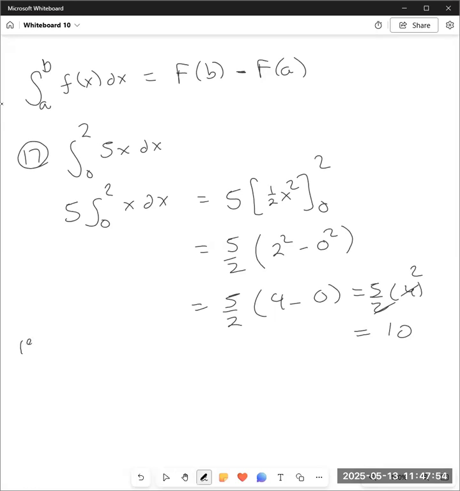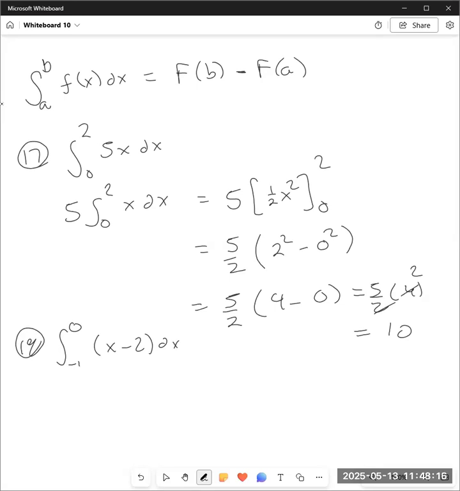All right, number 19 says -1 to 0 of x minus 2 dx. Now I can use some difference rule here, or I can use u substitution and say that the derivative of x minus 2 is still 1.